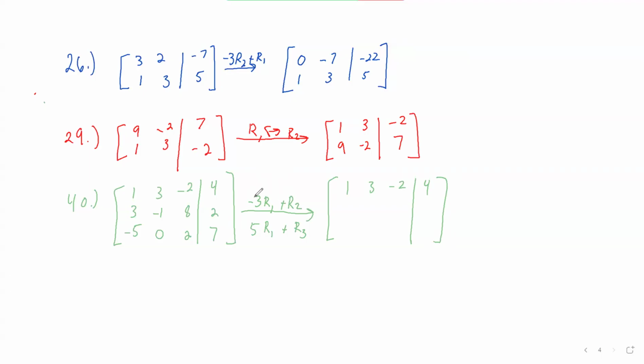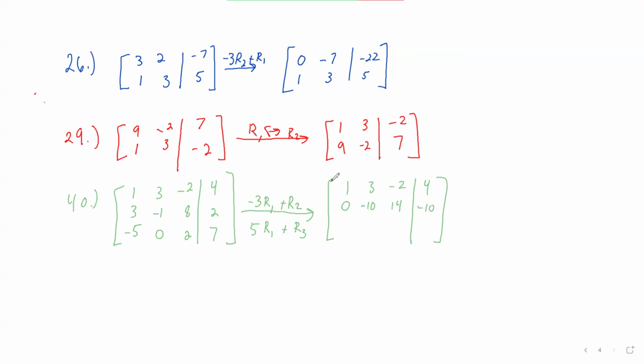I'm going to do -3 times 1 is -3, plus row 2, which is 3, gives me 0. -3 times 3 is -9, plus -1 gives me -10. -3 times -2 is +6, plus 8 gives me 14. -3 times 4, which is -12, plus 2 gives me -10.